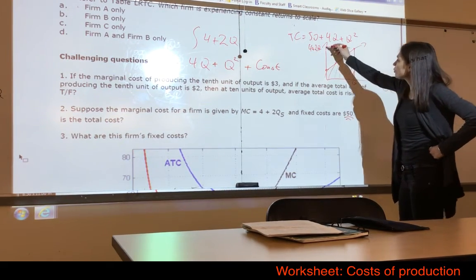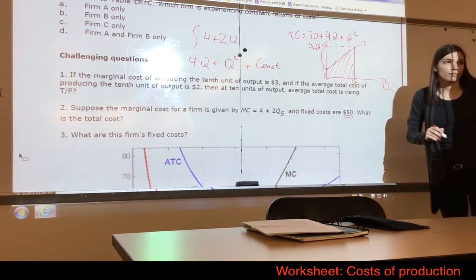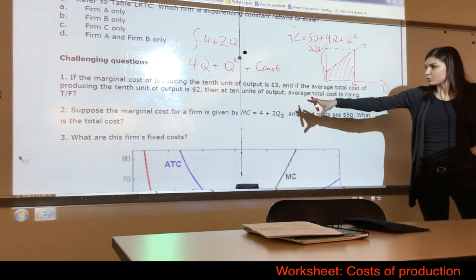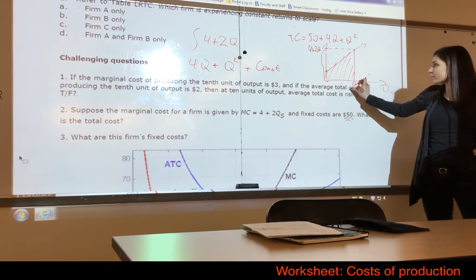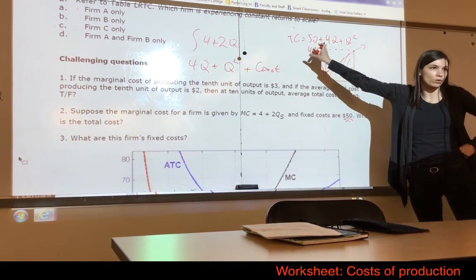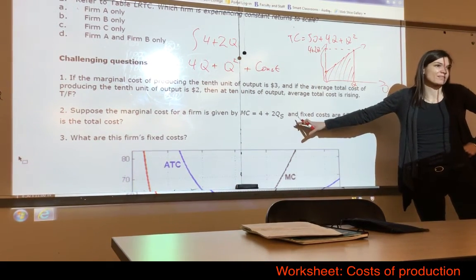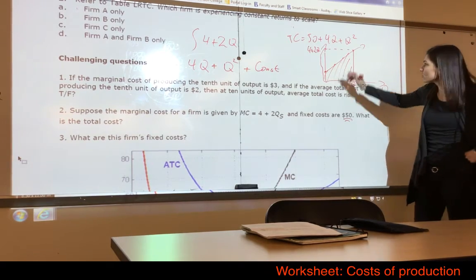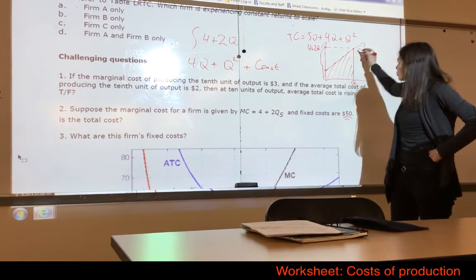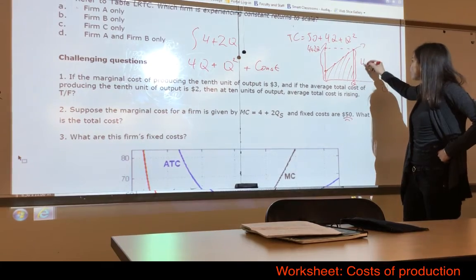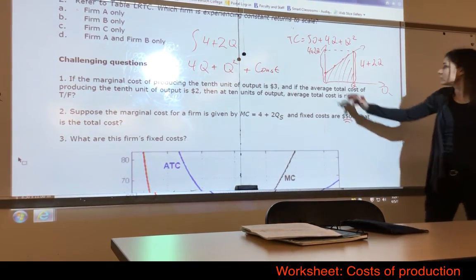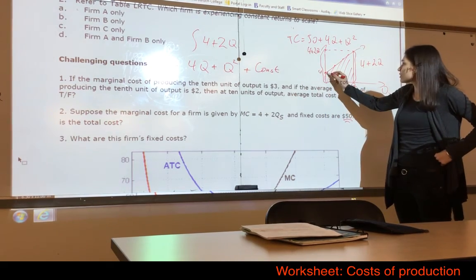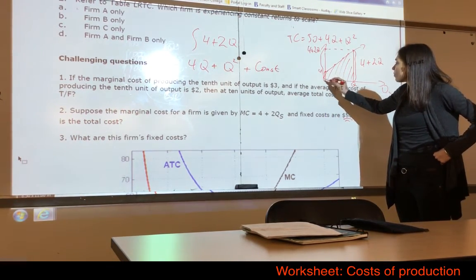I know how much this is, because I know the relationship between q and marginal cost. If I have q here, then I have 4 plus 2q there, because that's my marginal cost. So this side is going to be 4 plus 2q. This here I know is 4, because that's the intercept. This small part here.